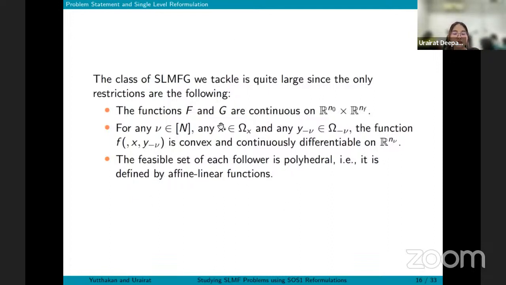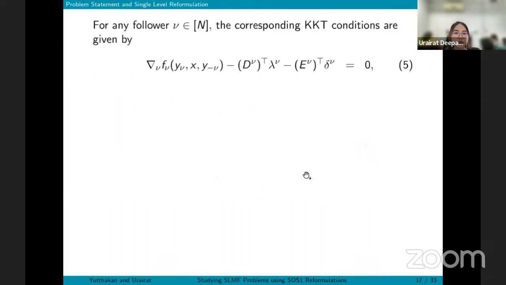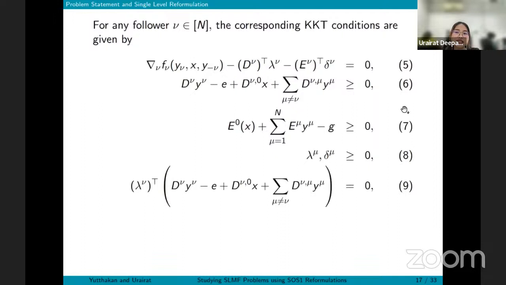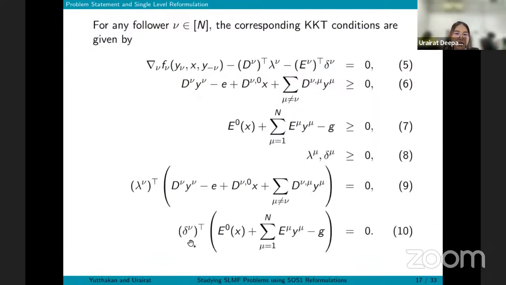So when the algorithm has this, we use the KKT conditions to solve it. From the last page, we showed the single leader multi-follower game. The algorithm is that we transform it with the KKT conditions, giving equations 5, 6, 7, 8, and 9. So we have our variables lambda and delta.